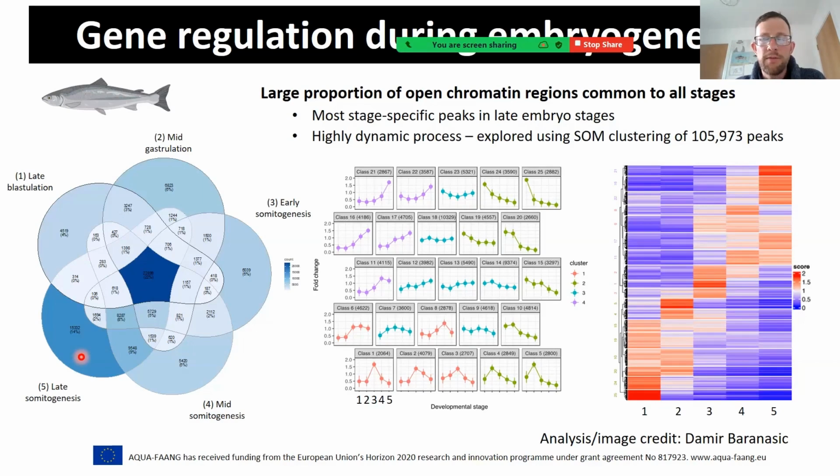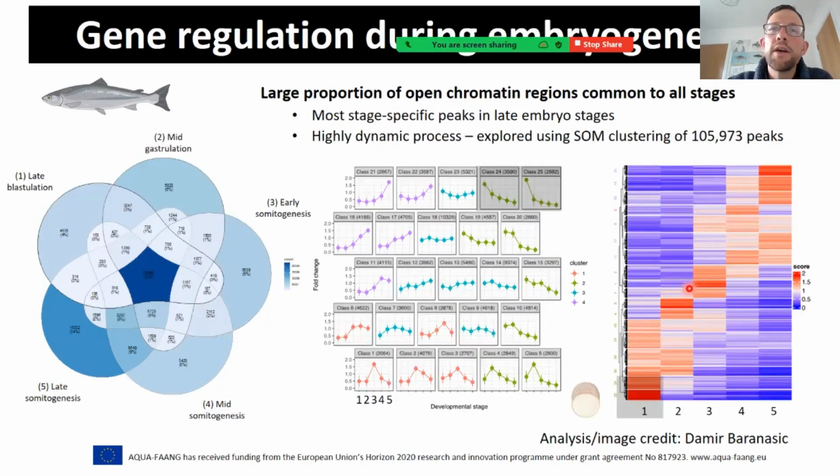So to better categorize the dynamics of chromatin accessibility, Demir has again used SOM clustering, taking a union of all the ATAC peaks in the salmon embryo. And we have a heat map on the right here that shows the most dynamic classes of open chromatin regions.